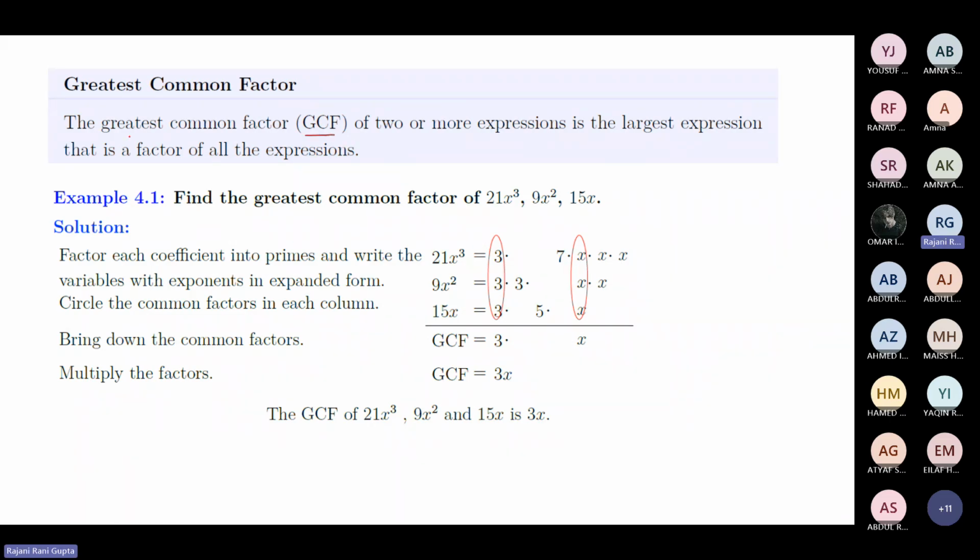I think you know about it. Greatest common factor, we studied in chapter 1. What is the greatest common factor for two numbers?